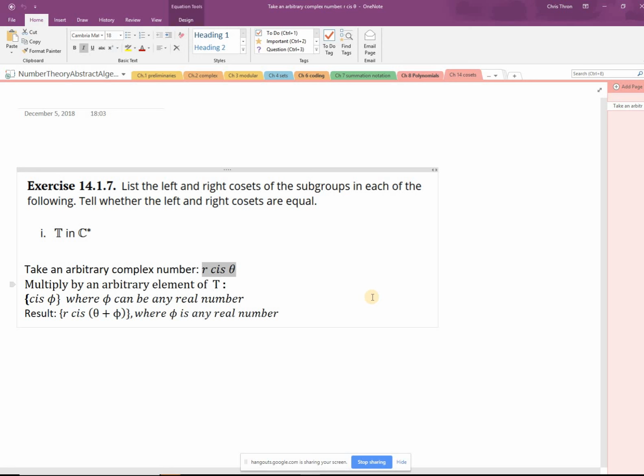So how about something like, suppose I took i. Okay, suppose I took i. Then what would I get? So what is i in terms of cis?